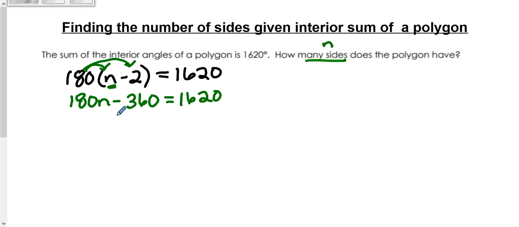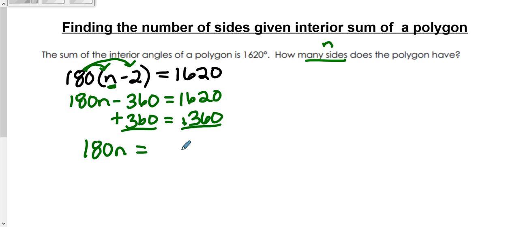Then we're going to add 360 to both sides to get 180n by itself. So 180n equals 1,980.